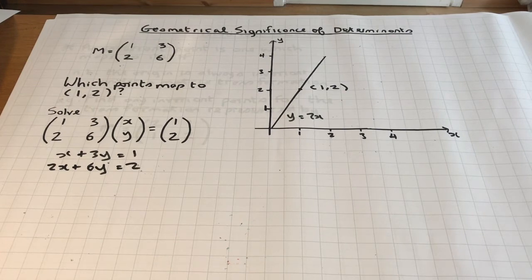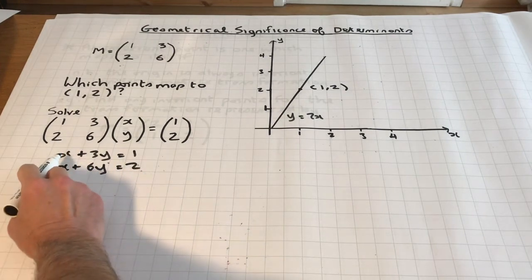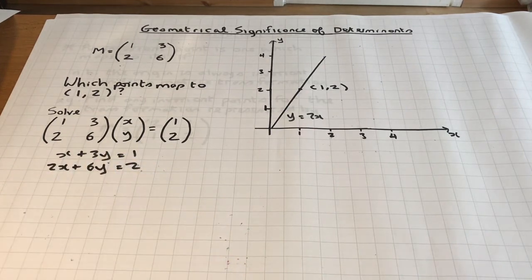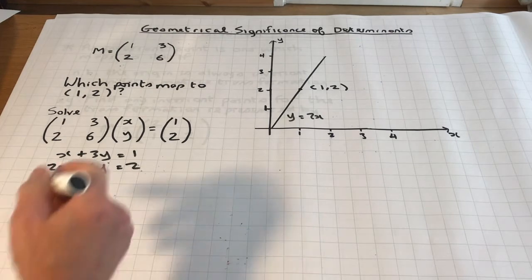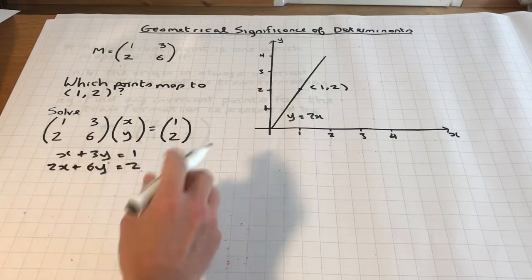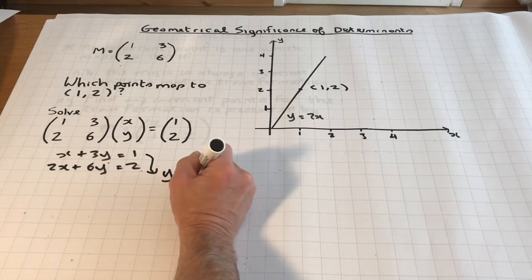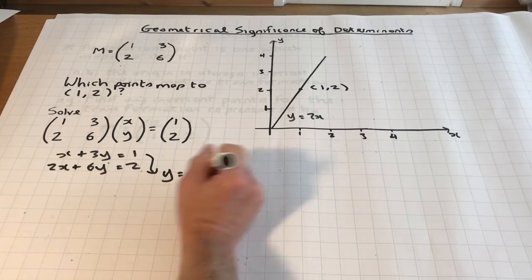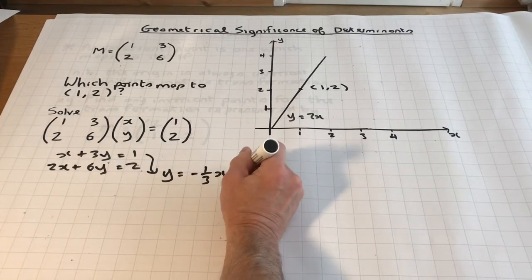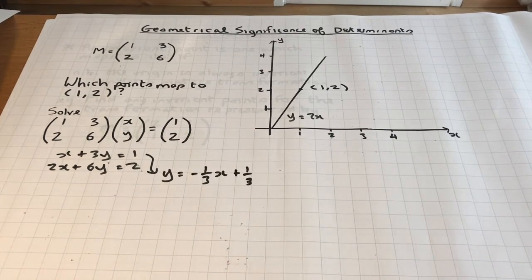And what this is telling me is, if you think about any point that lies on x plus 3y equals 1, so this whole line of points that we could draw on here, this is going to be the same as y is equal to minus 1/3 x plus 1/3, just to help us kind of visualize it.